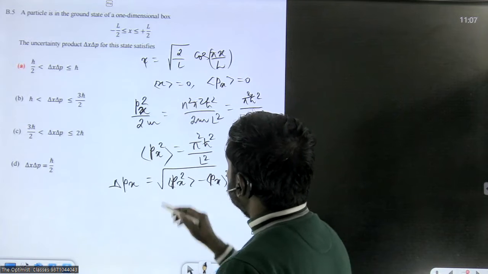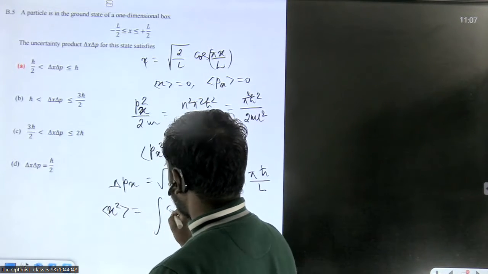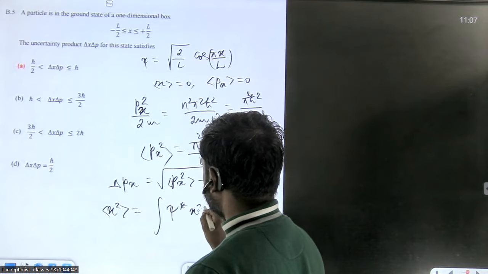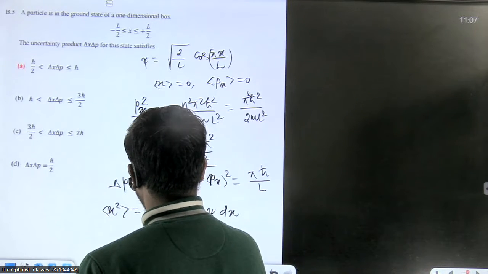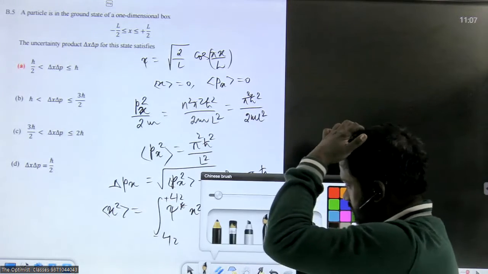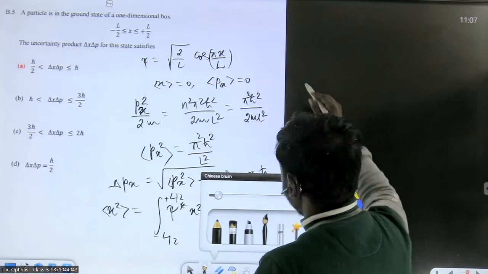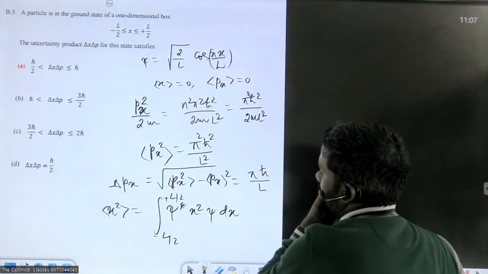Now x average is 0, we can calculate x square average. X square average will be equal to the integral of psi star x square psi dx, from minus L by 2 to plus L by 2. You can calculate this. See, this integration we can just put here and get the value.